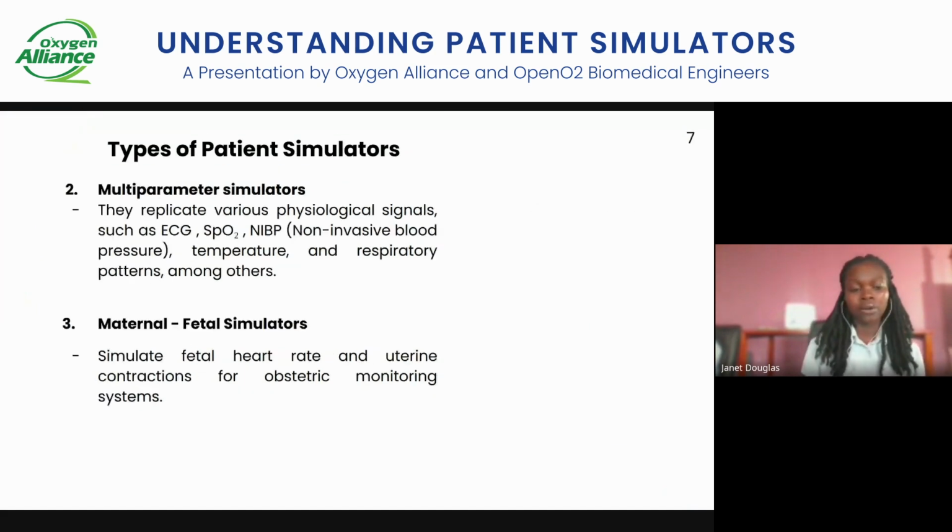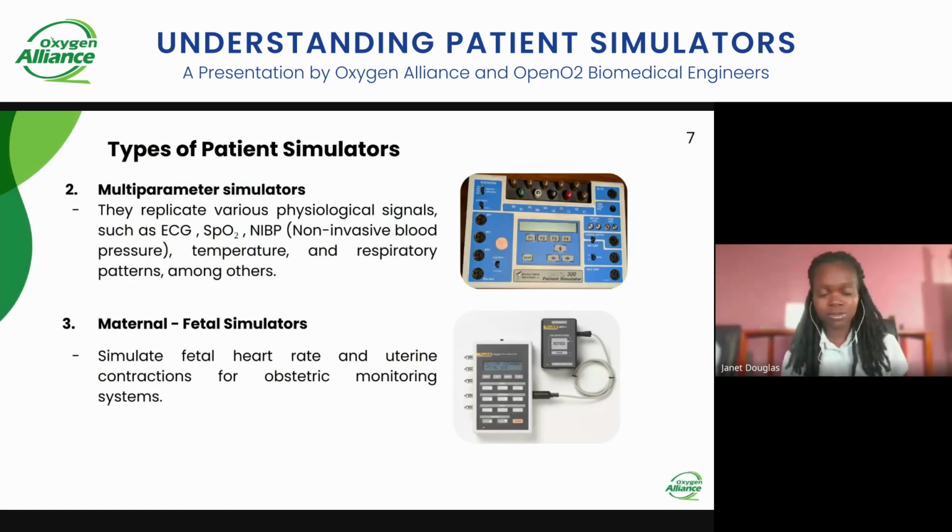Secondly, we have a multi-parameter simulator. These are simulators that can replicate various physiological signals. For example, you can use it for simulating ECG, SPO2, non-invasive blood pressure, body temperature, and respiratory patterns, among others.